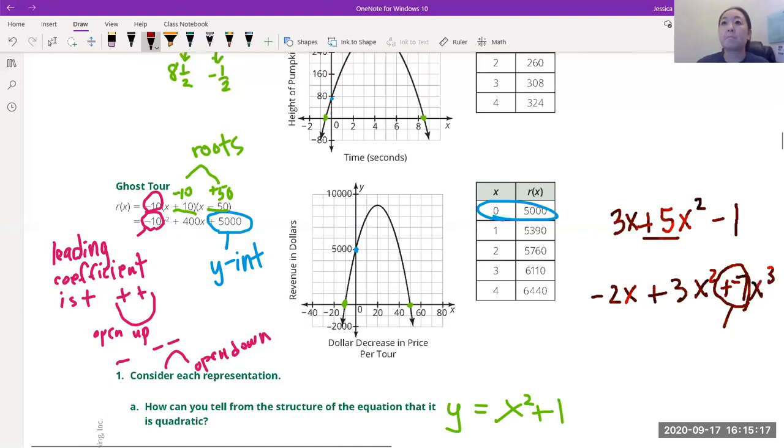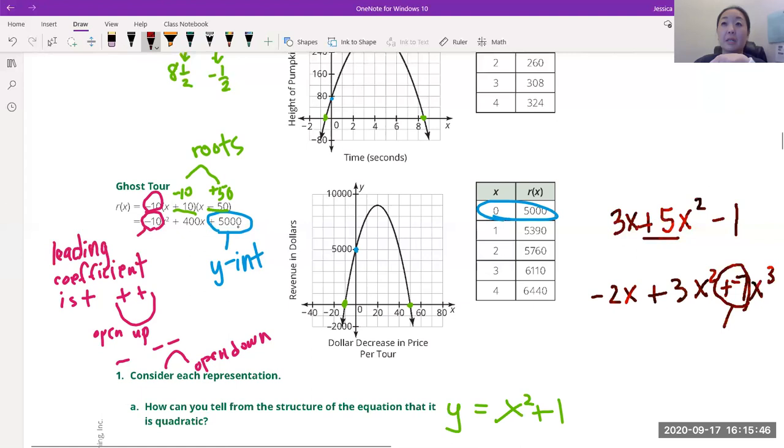The third thing that you know from just looking at the equations: if you notice these right here, this is in factored form. It has these parentheses where x plus 10 is a factor and x minus 50 is a factor, and then negative 10 is a factor. I notice that if I take the opposite of this number, 10, that's negative 10, which is the same as one of these x-intercepts here.